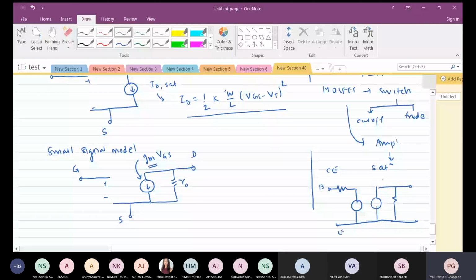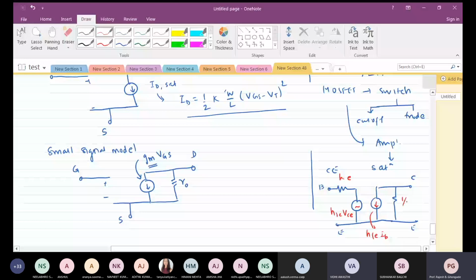This was HIE. This was HRE times VCE, a voltage source. This is a current source, which is nothing but HFE into IB, and this was 1 by HOE.